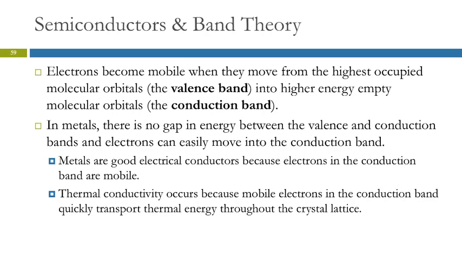So you heat up part of a metal, the atoms are going to move more, vibrate in position, but the electrons are also going to have increased kinetic energy. And because they can move into that conduction band and move around freely, they're going to take their increased kinetic energy and spread it all over the metal. And so metals conduct heat as well as electricity.